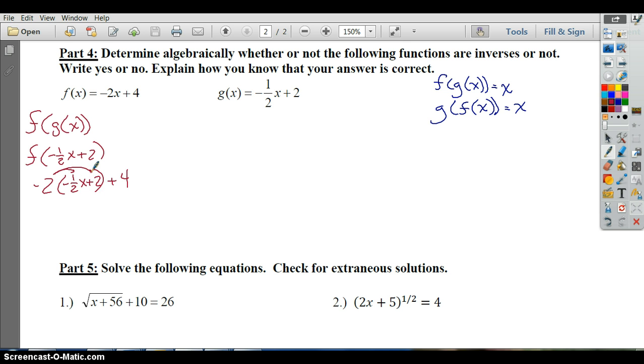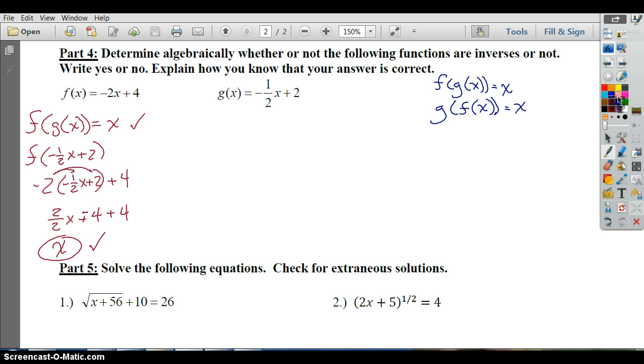Distribute in this negative 2, and that's going to give me positive x, and negative times positive is negative 4, plus 4. So this is x plus 0. So far, so good. So f of g of x equals x, absolutely.